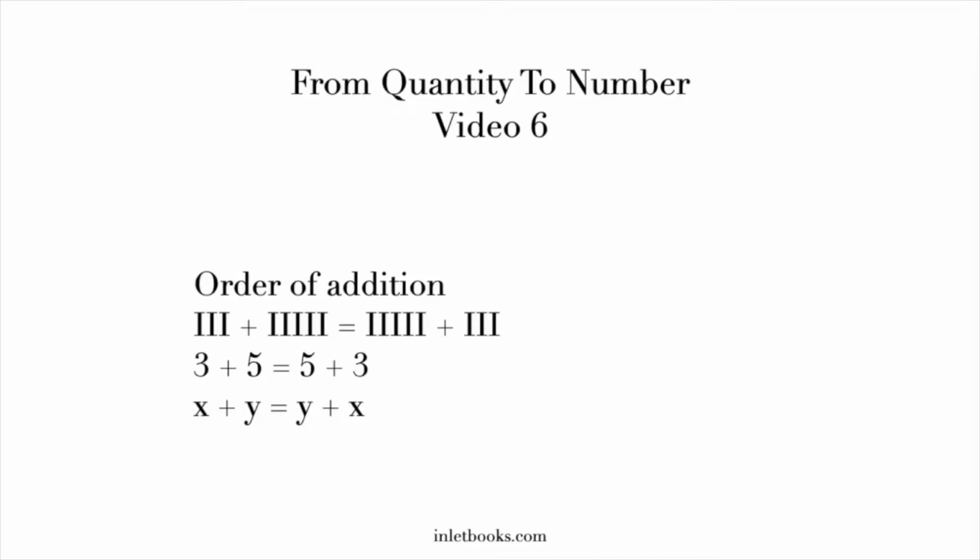And just keep this in mind, that the additions can be reordered, if that's helpful. For example, it's often easier to add a smaller number to a bigger number. So if you're working with an addition like 9 plus 36, it might be easier to think of this as 36 plus 9.